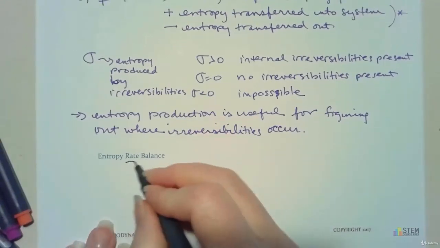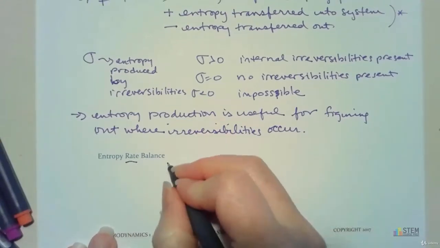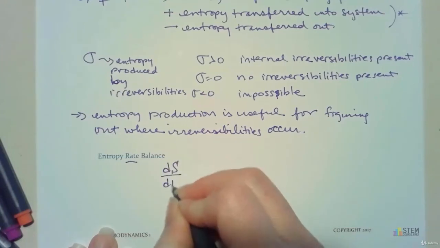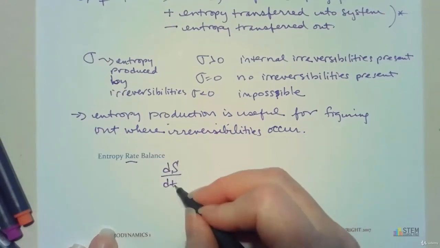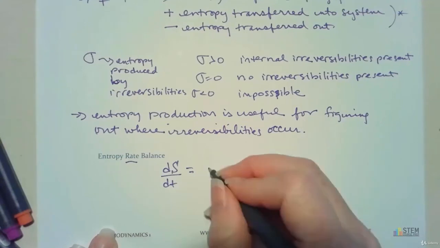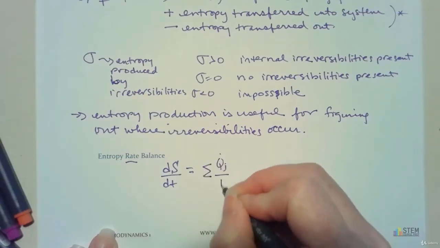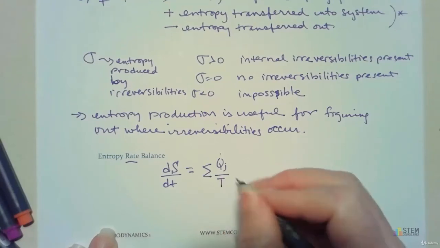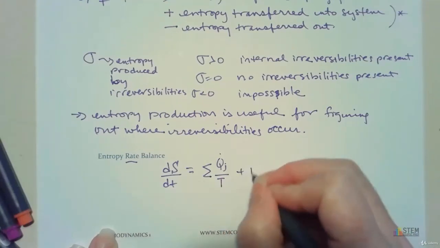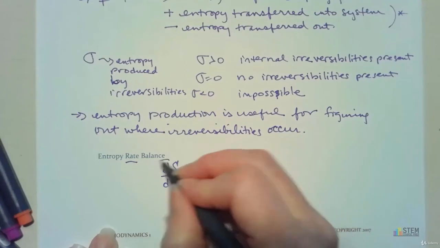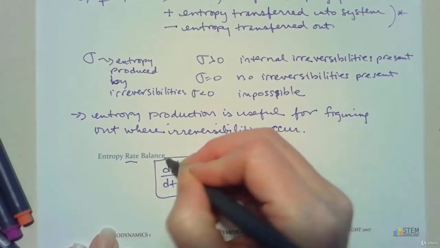So entropy rate balance, that's going to indicate we're going to have differentials here. We're going to have dS dt. That's going to be the summation of Q dot over T, and we're going to have plus sigma dot. So this is our equation.